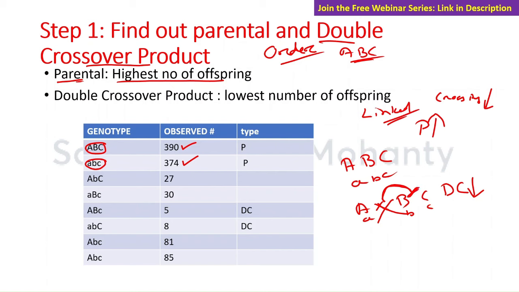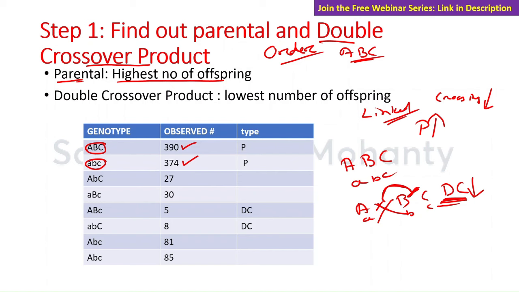I'll upload a video on interference and coincidence. After interference, the percentage that will show coincidence means those that show the double crossover product. The chance of producing a double crossover product is very low, so the number of offspring showing it will be very low.